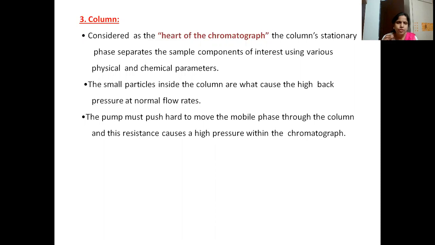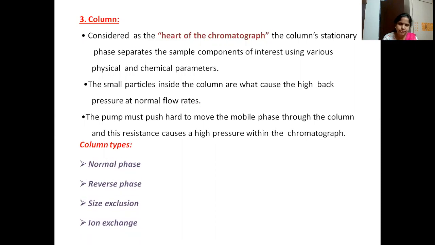This column, as I said, is packed with the stationary phase. As we have seen, you can take silica or alumina, which are polar, or you can convert the polar into non-polar groups, and you can easily pack that into a column.